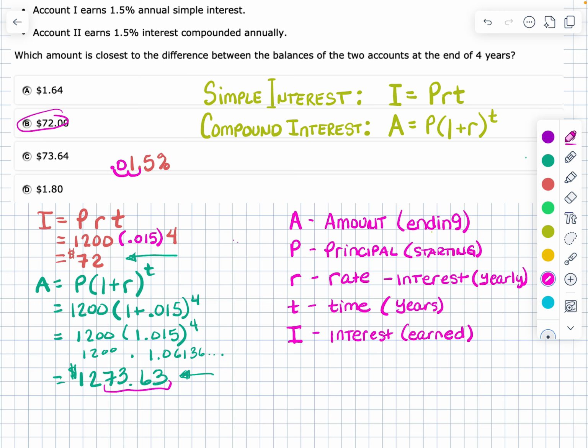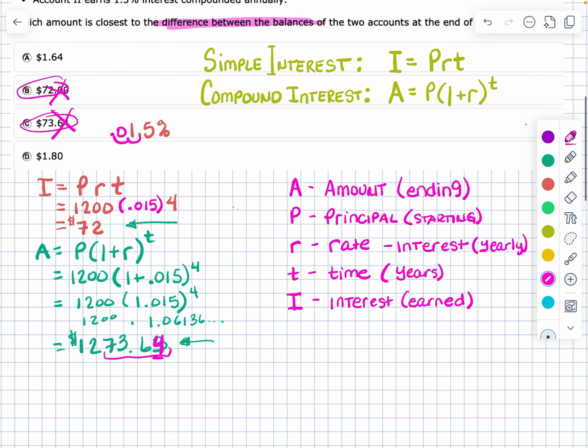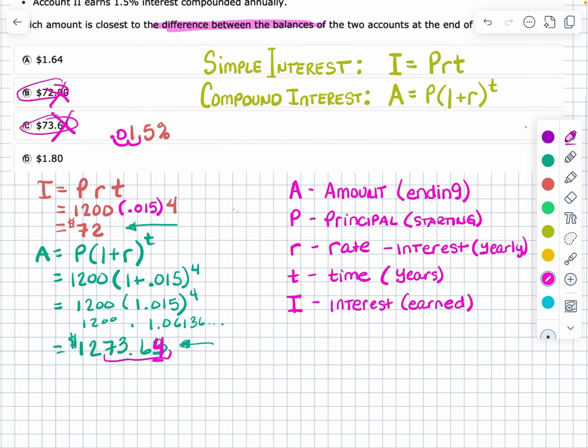Okay, because they want to know the difference. Let me highlight this. The difference between the balances, okay, after 4 years. So now what I need to do is, so I've got $72 here, and I need to figure out the difference.